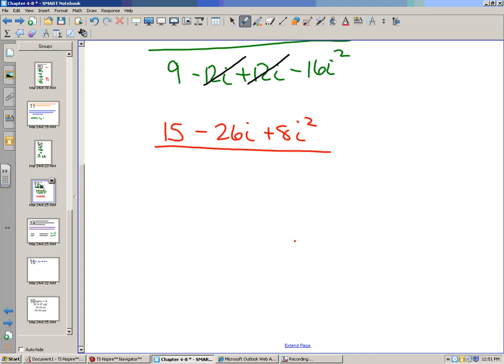And what you have is 9 minus 16i squared. Now, that's important to understand. Why is that important to understand? Because the whole point of multiplying by the conjugate is to get a denominator where there are no i's. Because what's going to happen to those i squareds? Now the i squareds turn into negative 1.